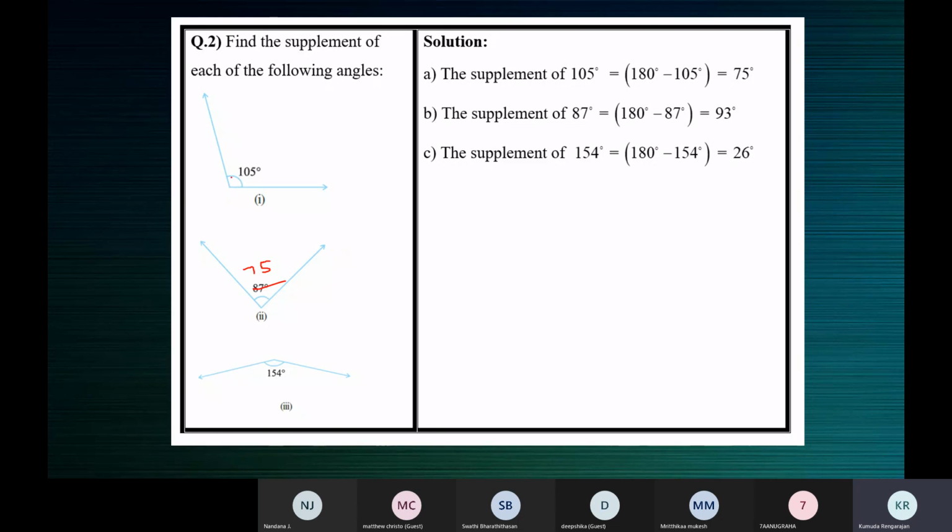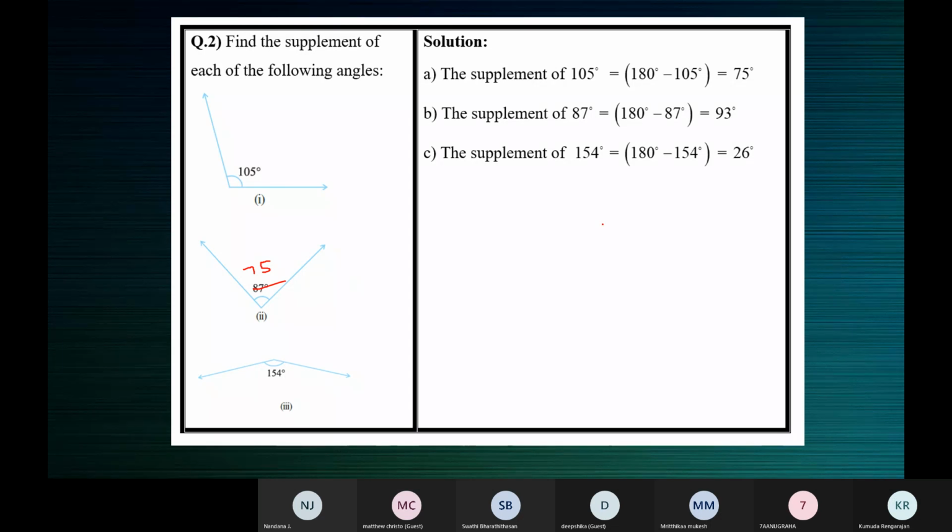These are not adjacent angles because they don't have a common vertex. The vertex is this one for 105. The vertex is this for 75. They're completely two different angles. They don't have a common vertex. They don't have a common arm. So their non-common arms also don't lie on either side of the common arm. So they're completely two different angles, but they're supplementary angles. They're not adjacent angles. They don't form a linear pair.